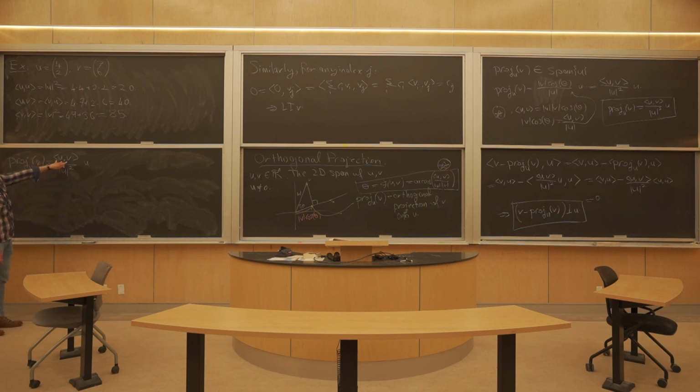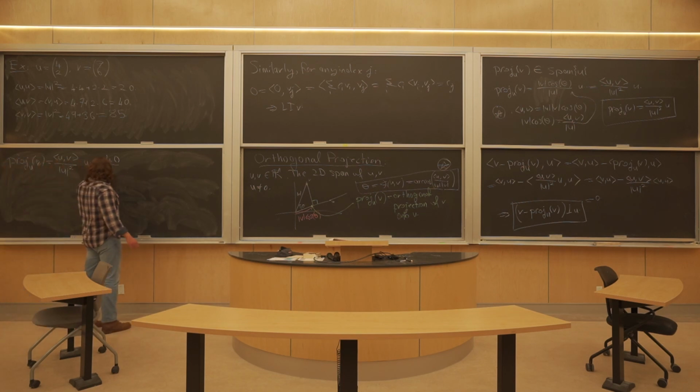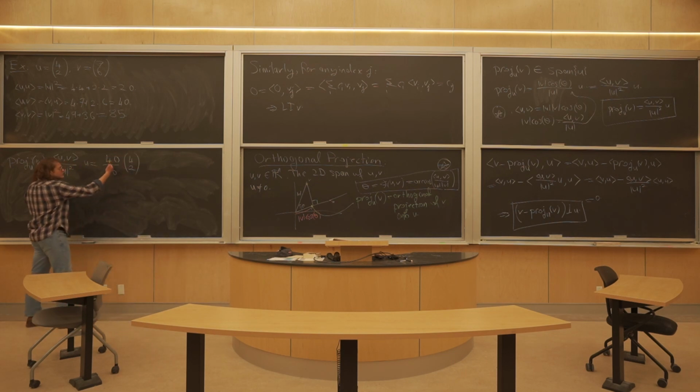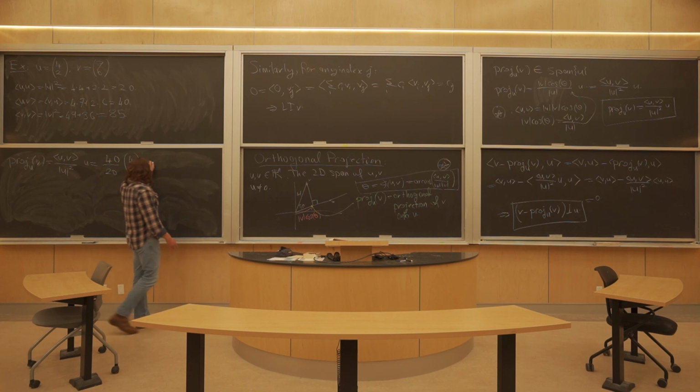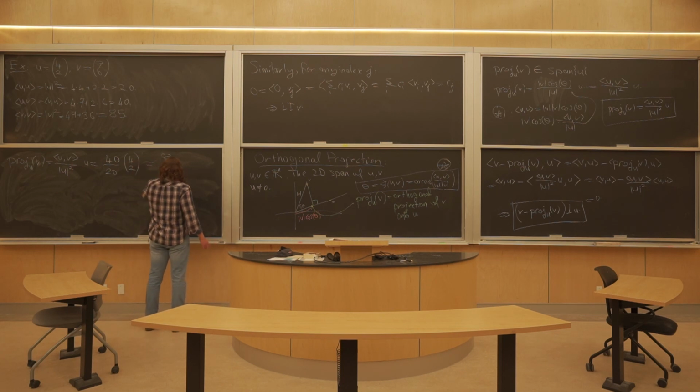Okay, so this number in the numerator is 40. And then the number in the denominator is 20. So 40 divided by 20, that's a number, times the vector 4, 2. Of course, this is nothing but 2, so I'm going to get 8, 4.